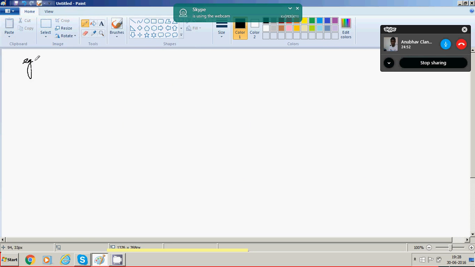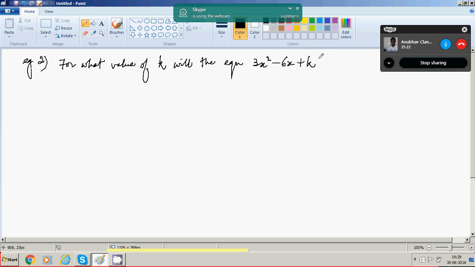We come to example 2. For what value of k will the equation have equal roots?